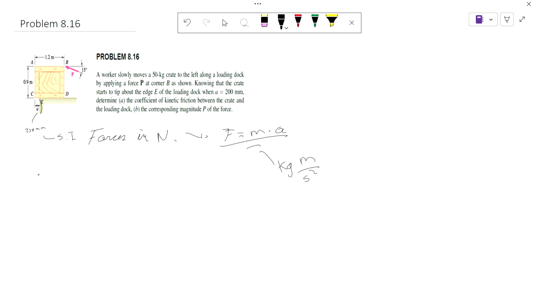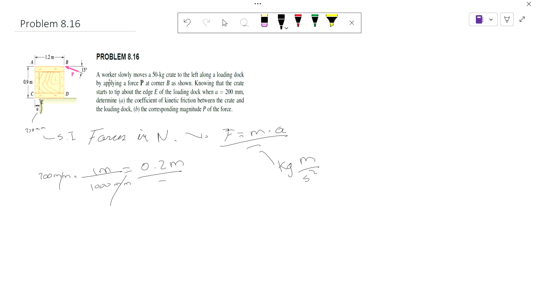So 200 millimeters, at 1,000 millimeters per meter, therefore, we are talking about 0.2 meters. So this distance is 0.2 meters. Always take your distances to meters, your forces to newtons, your masses to kilograms, and so on.